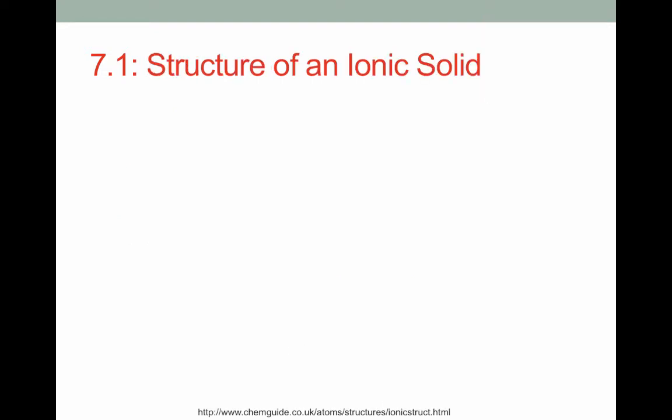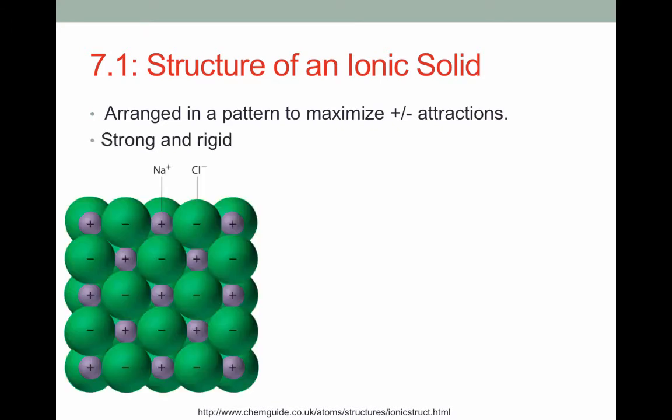We've talked a bit about the structure of ionic solids in class. As we discussed, ionic solids will organize themselves so that they maximize the number of positive-negative attractions, meaning that each positive ion will want to surround itself with as many negative ions as possible, and vice versa. Each negative ion will want to surround itself with as many positive ions as possible.